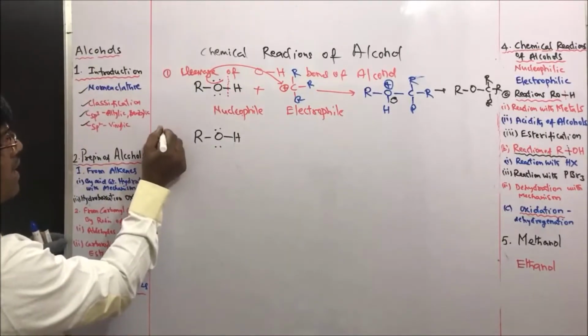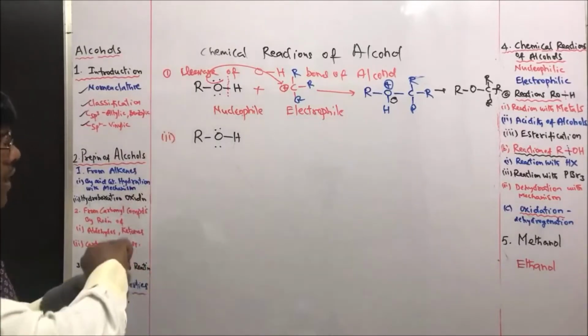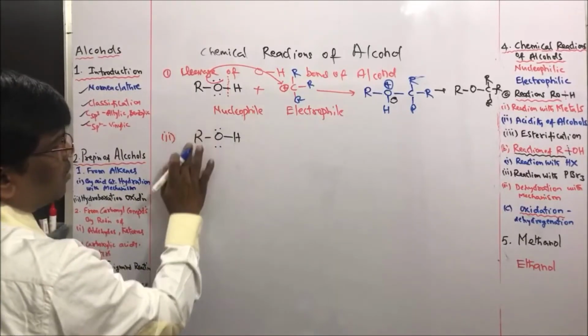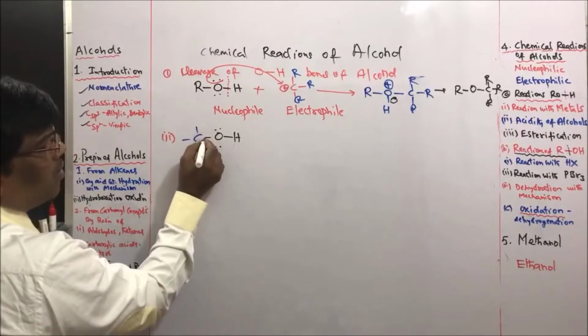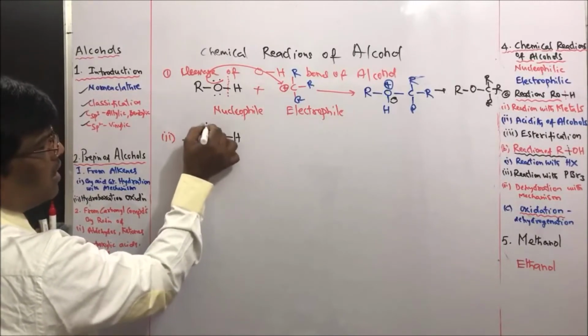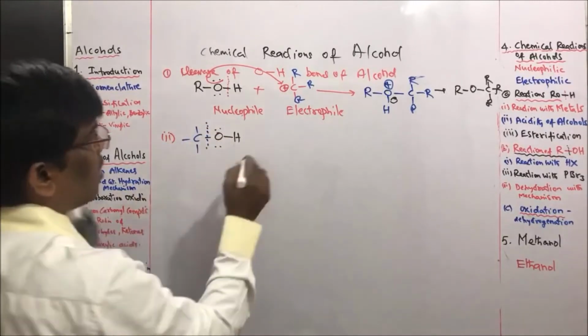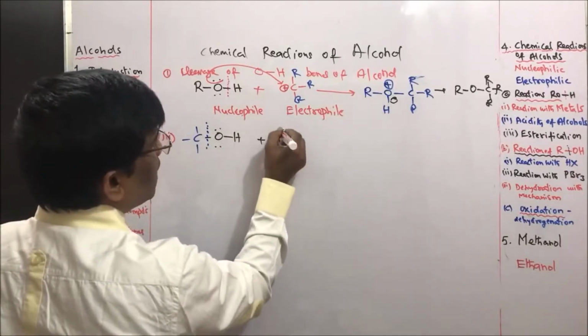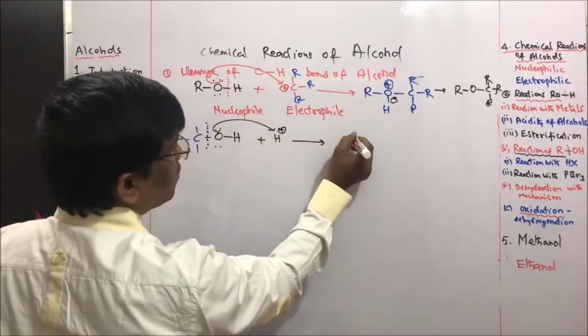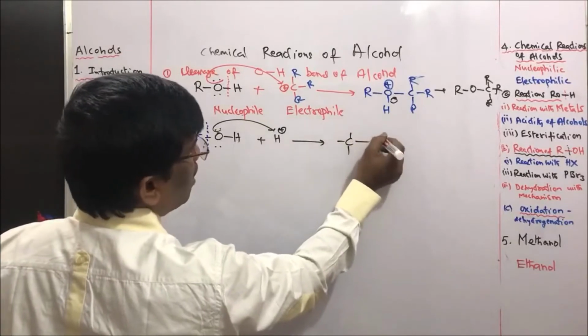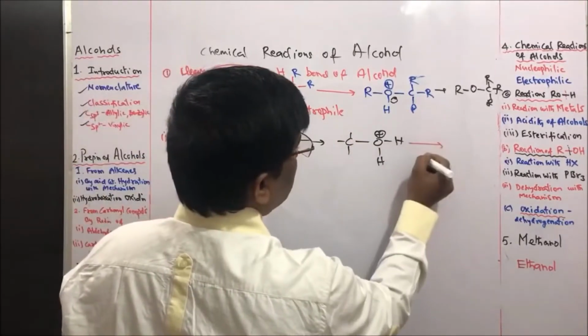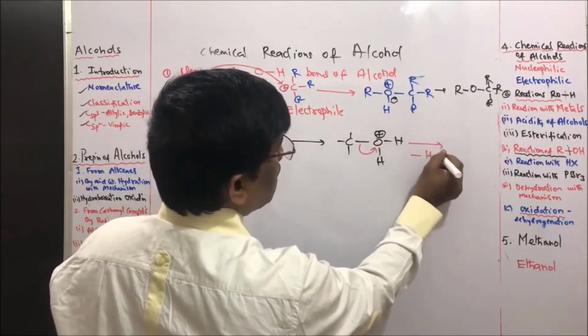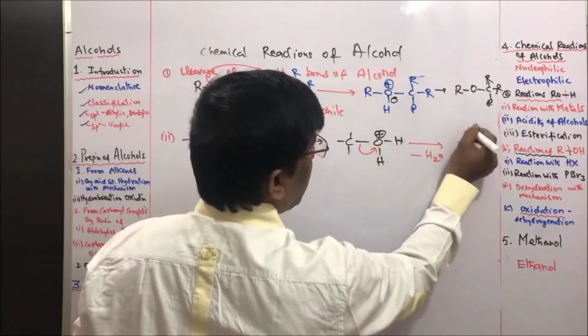And the second category is where the bond between carbon and oxygen, so let me write here carbon, is going to break. For example, if I add H plus, with this donation it forms an oxonium ion. This oxonium ion loses water to give a carbocation.